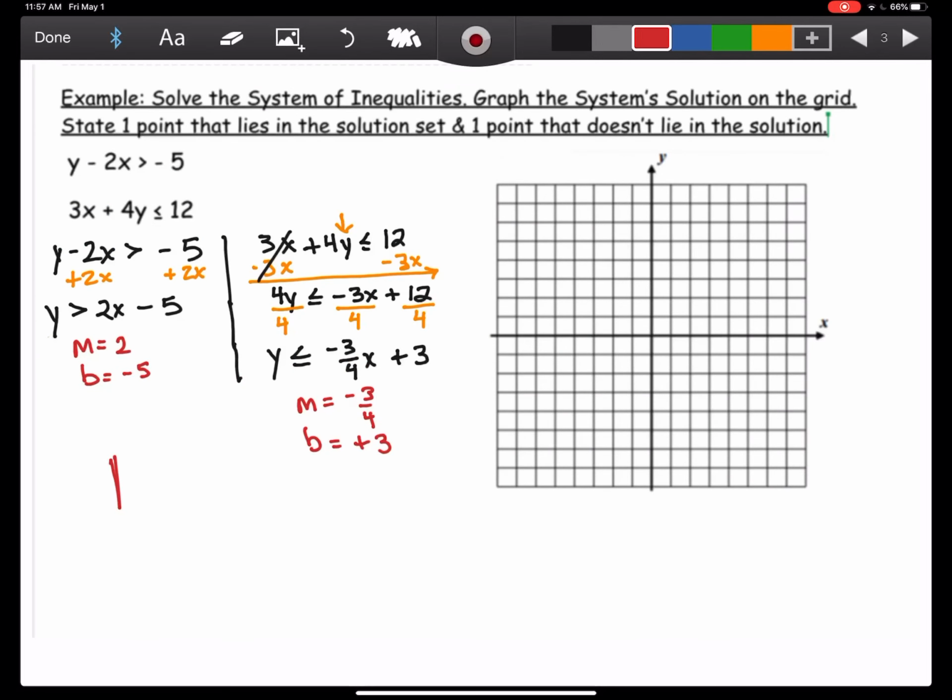Remember, start with one of the inequalities and finish it completely before you graph the other inequality. Now, let's talk about the graph real quick. I know you can't draw this graph, but if you were to sketch it to the best of your ability, I think it would still serve a good purpose.